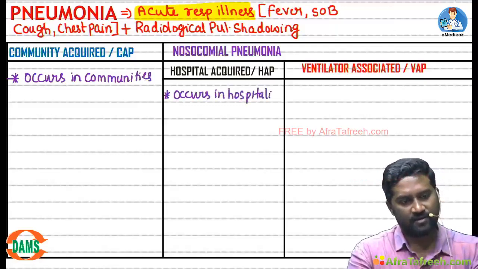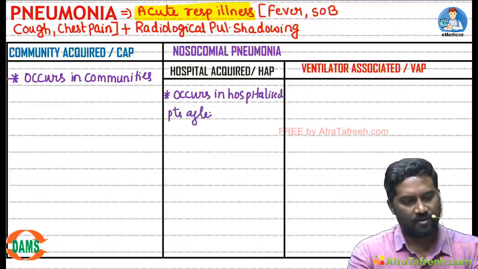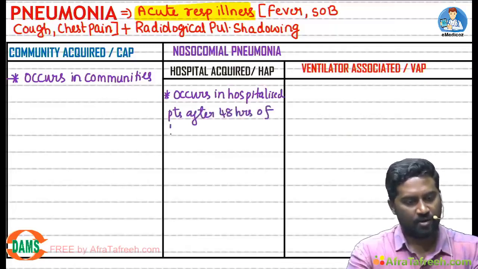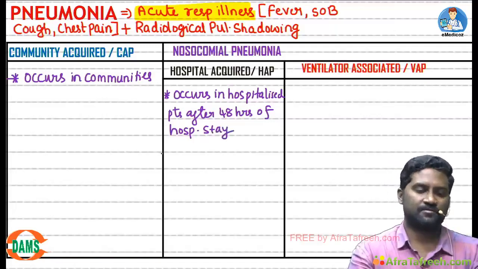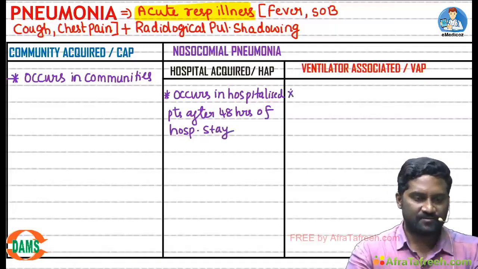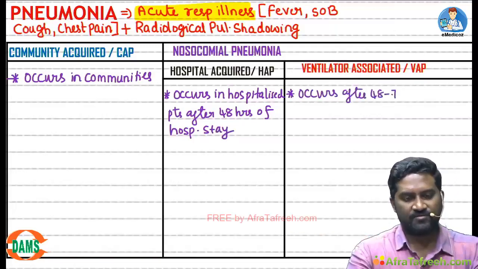It occurs in hospitalized patients after 48 hours of hospital stay. Patient should have stayed in hospital for more than 48 hours. Ventilator associated pneumonias occur after 48 to 72 hours of which type of mechanical ventilation?